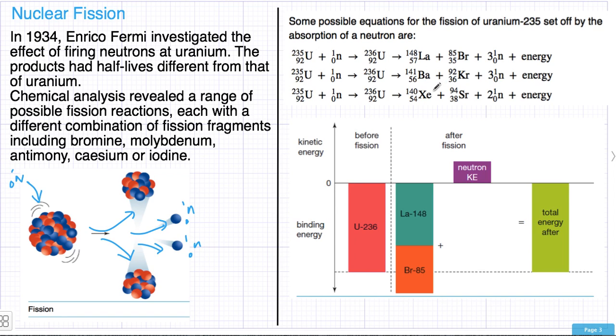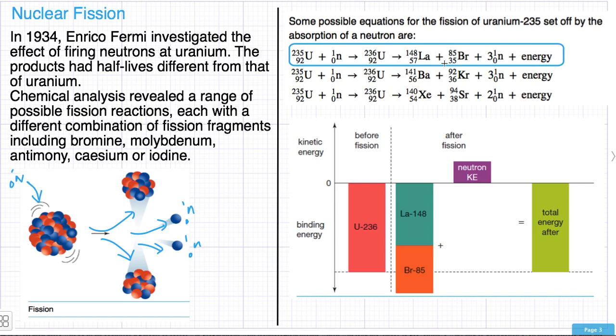And that's what we can see here in these possible equations for fission. There's lots of different ways fission can occur depending on the conditions. So this top one is one we're going to be focusing on a bit in the next section. And so you can see here you've got uranium plus a neutron goes to uranium again, but this is an isotope. Can you see 236 versus 235? And this is an unstable isotope.